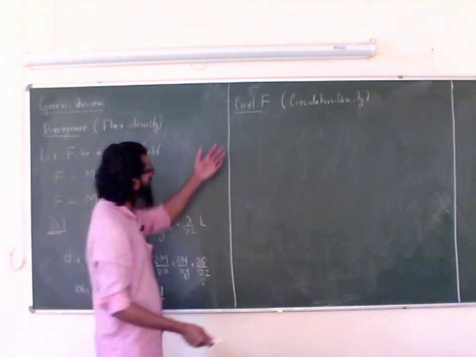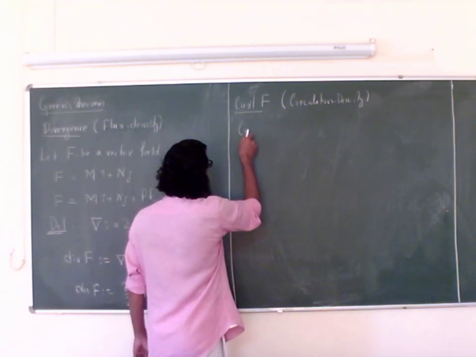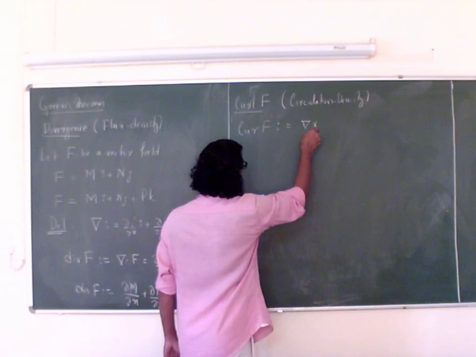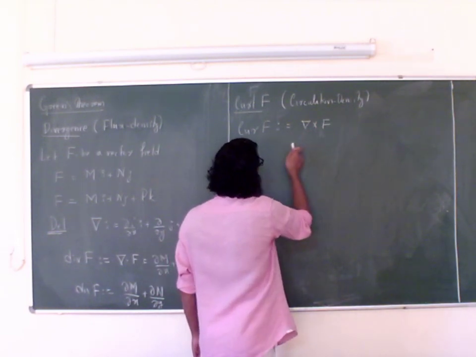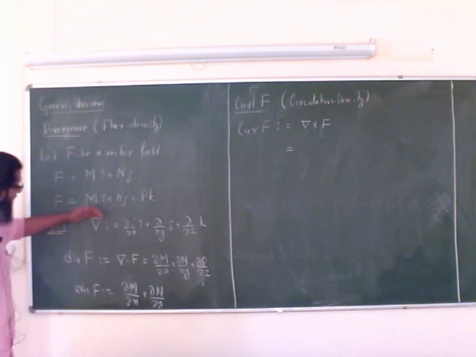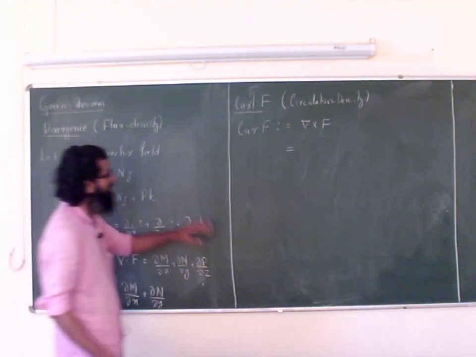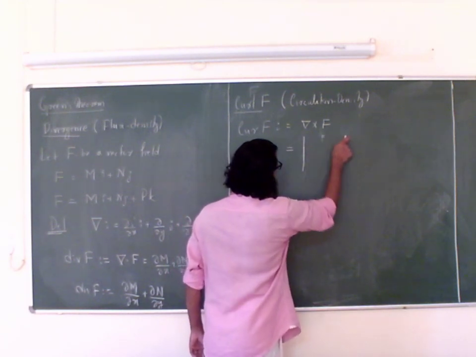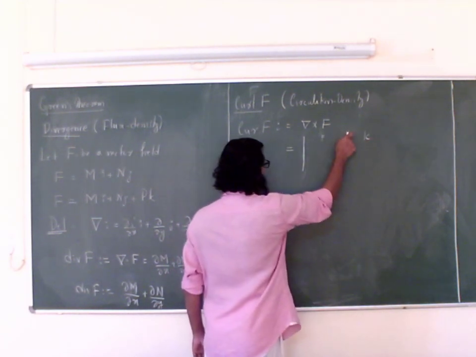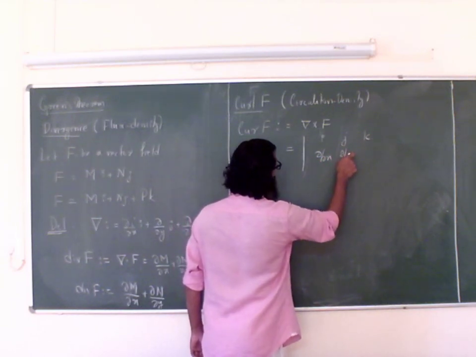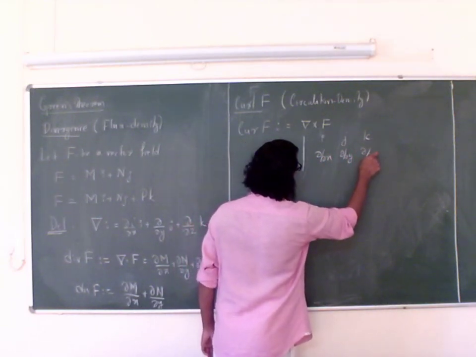And curl of the vector field F is defined as curl F is equal to, simply I can define as del cross F, and again my del is here and my F is here, so del cross F is equal to the determinant with rows i j k, ∂/∂x, ∂/∂y, ∂/∂z, and M N P, the cross product of 2 vectors.